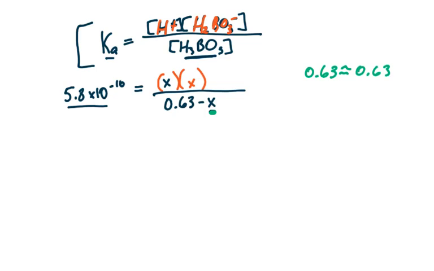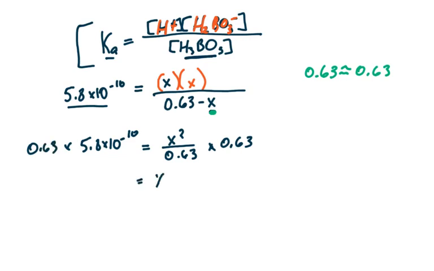And the approximation that I'm going to make is that I'm not even going to bother subtracting X from 0.63 because it's so small that it really won't change anything. And so I end up with this. Now I can solve for X by multiplying both sides by 0.63.